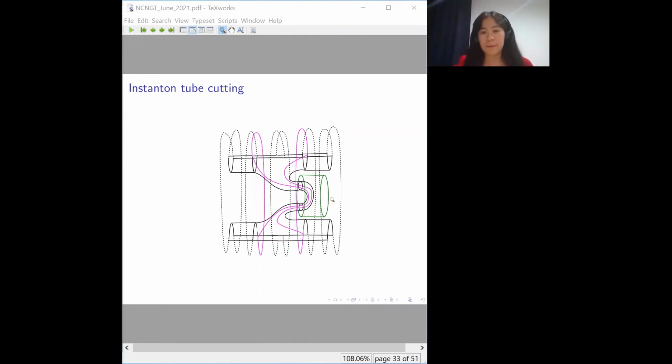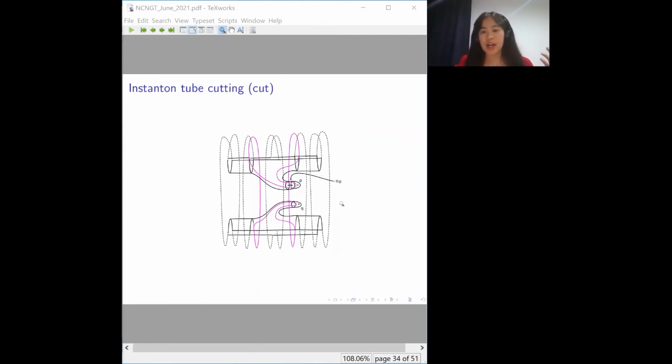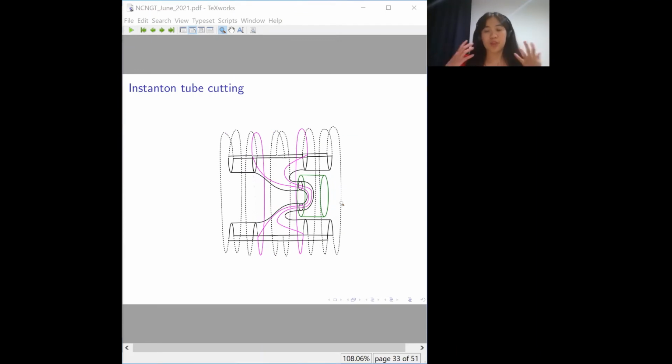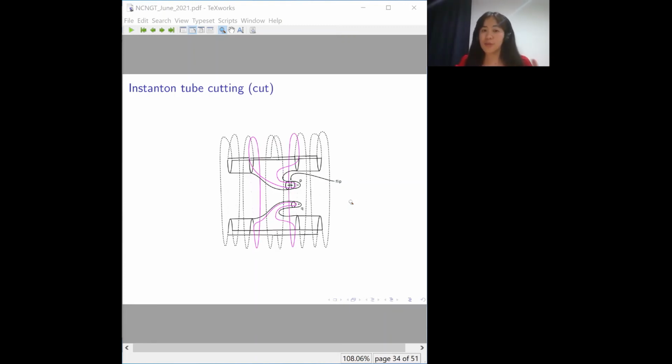And then you can show that with this extra decoration, the map no longer vanishes. It's expected that it no longer vanishes in the case of the unknot, and actually it has a tube cutting formula that ends up being basically the same as the tube cutting formula in the orientable case.